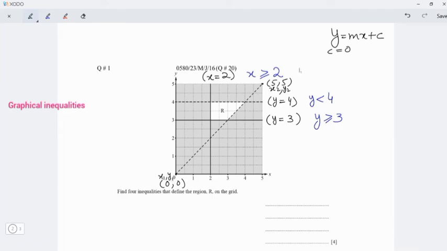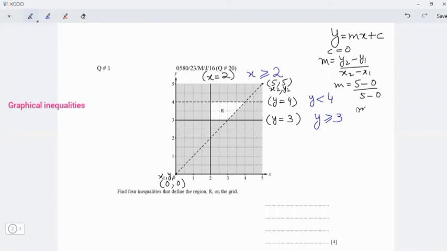Putting these values in the gradient formula: 5 minus 0 divided by 5 minus 0.